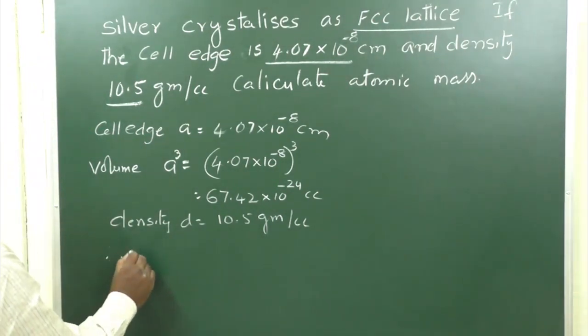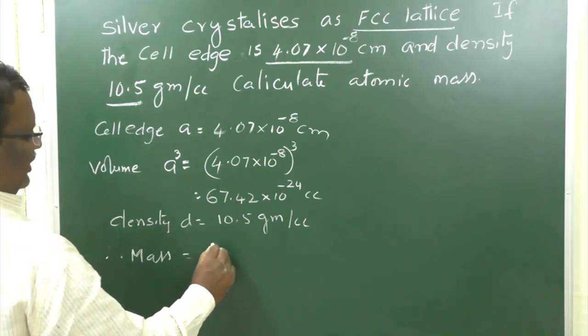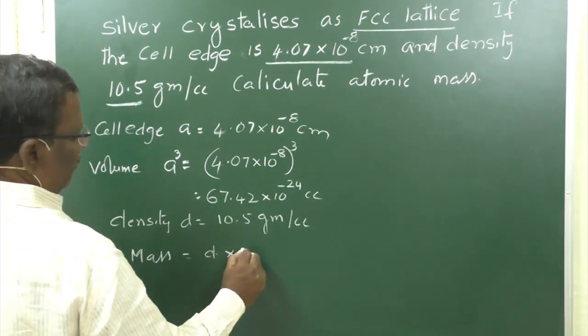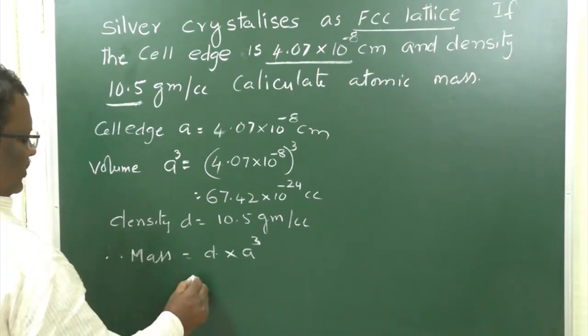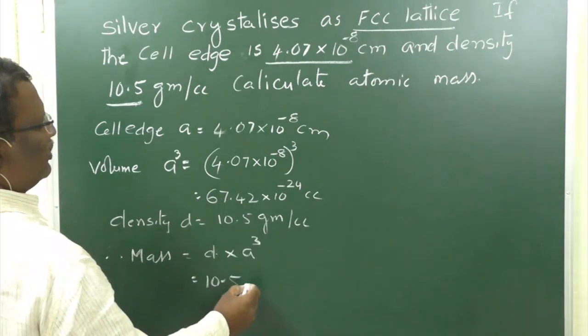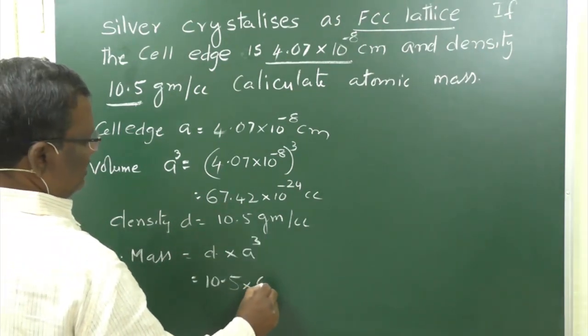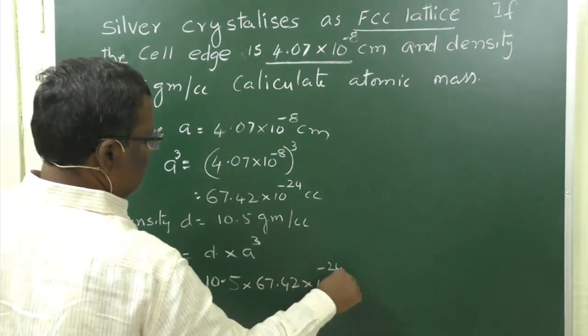Therefore, mass of unit cell is equal to density into volume. So, density is 10.5 and volume is 67.42 into 10 to the power minus 24.